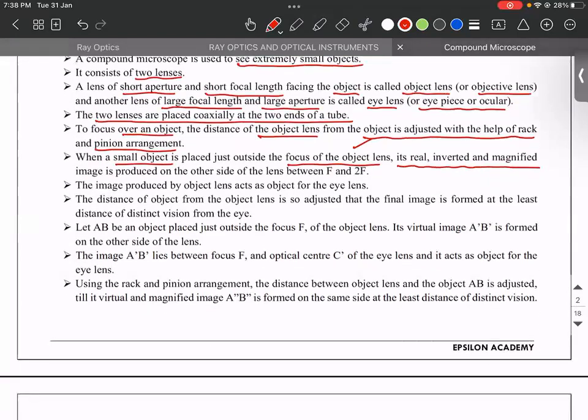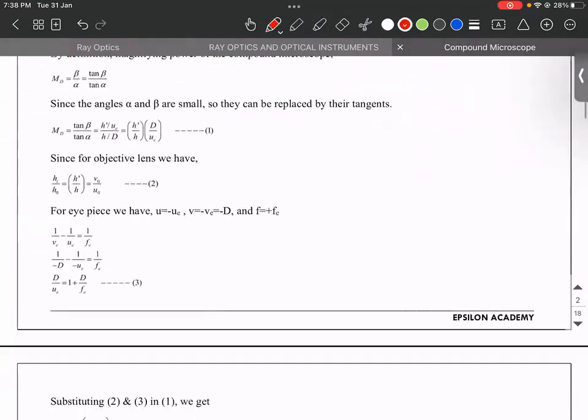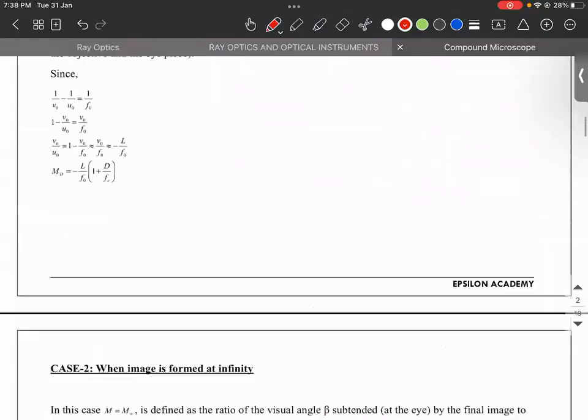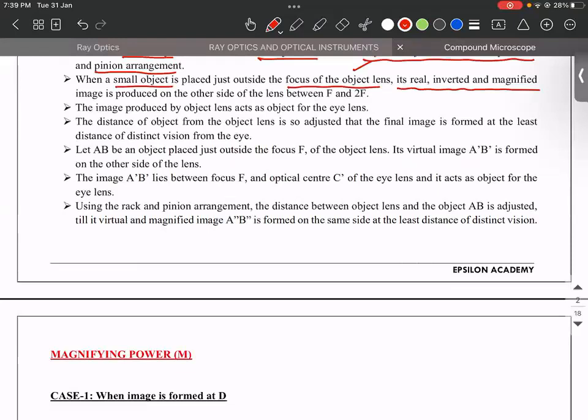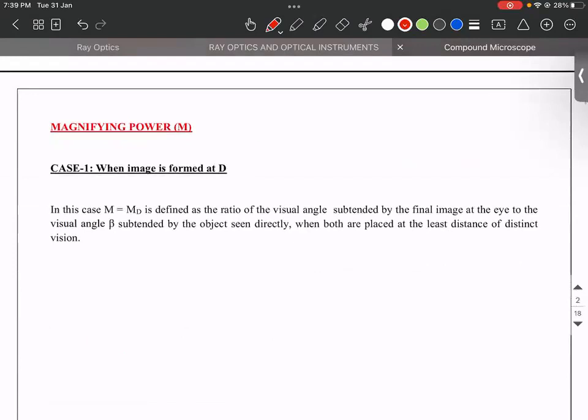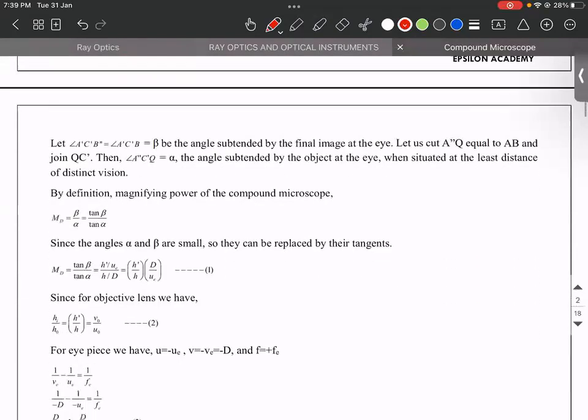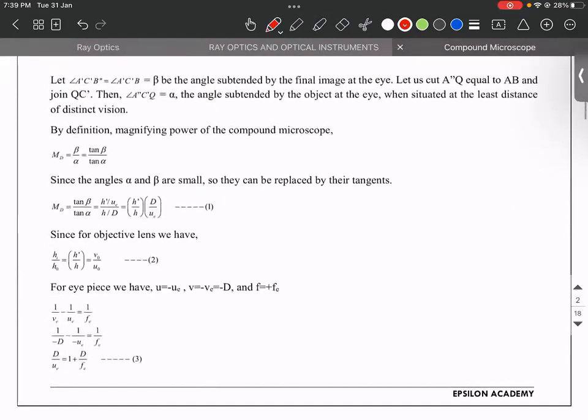Okay, so having that in mind, if you observe, so I didn't draw the diagram here. Sir, here we have two cases now, sir. Least distance of distinction. So if we place it like lesser than 25 centimeter, no image will be formed.